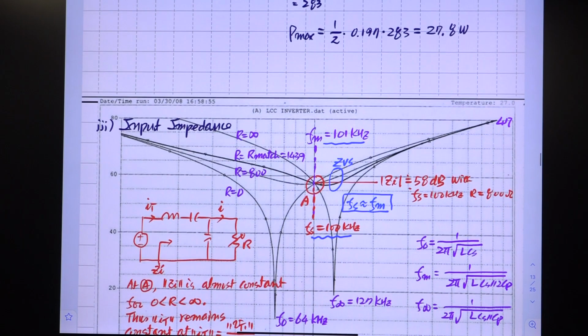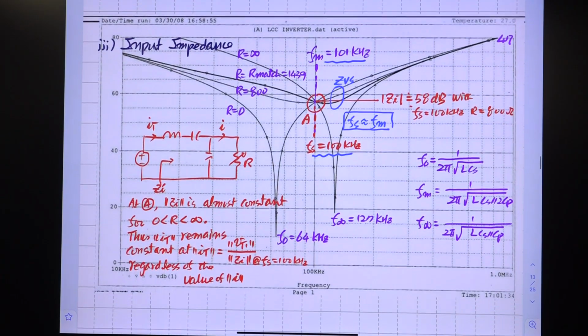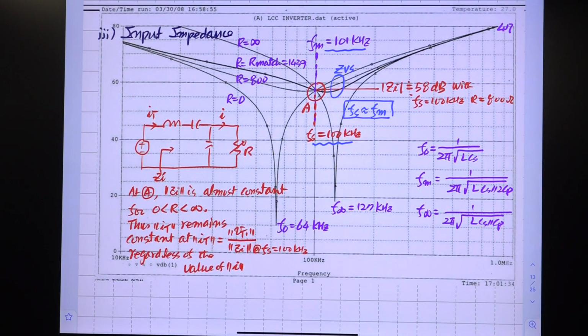And performance evaluation. This is the input impedance curve, simulation result. I used it at that time. Oh, this is the latest one. I don't know. 2008. Okay, more than five years ago.